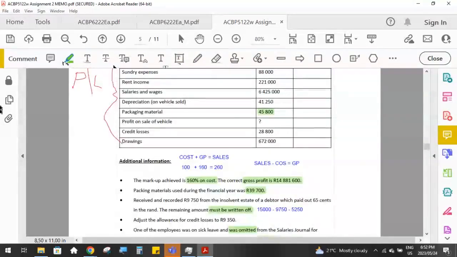So we go to our expense, salaries and wages, and we have to increase that by the 38,500 that isn't yet recorded. So our final carrying value for salaries and wages will be 6,425 plus 38,500.